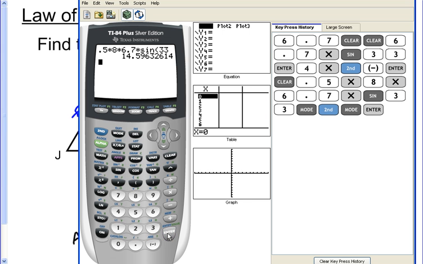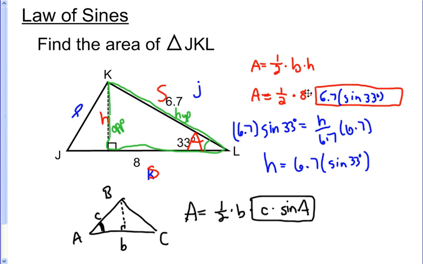So I'll hit enter, and we get about 14.6. So that's the area of our triangle. So the area of this one would be about 14.6 units squared.